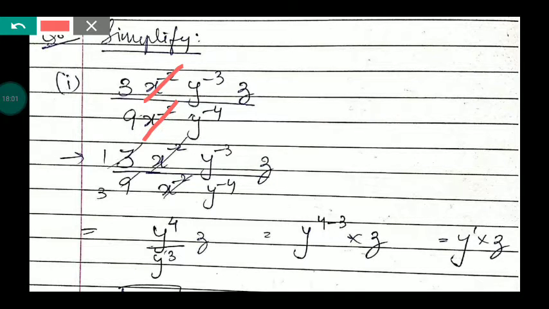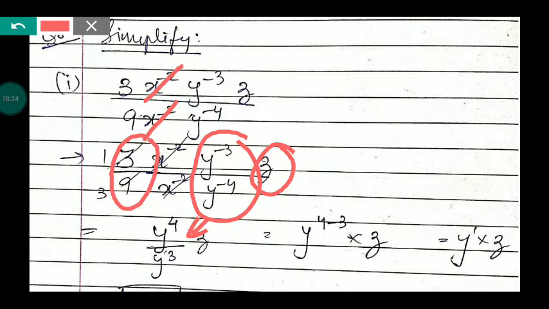For example, 5 upon 5, that is 1, or you can say minus 5 upon minus 5, that is also 1. In a similar manner, here also we can do by the cutting method. Here, this can be changed into positive, that you can see over here. y raised to 4 upon y raised to 3 into z. And here 3 by 9 gets cut down, 3 ones are 3, 3 threes are 9.